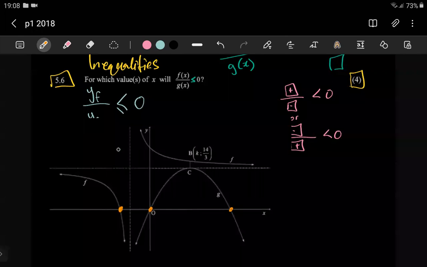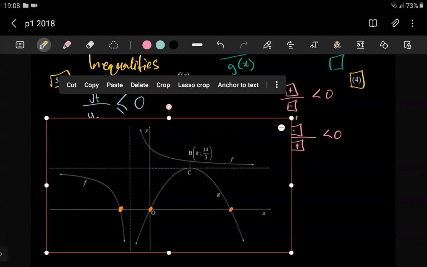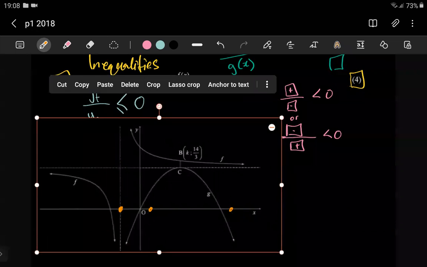So you want to go to these x-intercepts, because remember, these are the cases where your graphs are equal to 0. They are not necessarily below 0 or above 0. These are cases where the y values of your graphs are equal to 0. So let's keep that in mind.